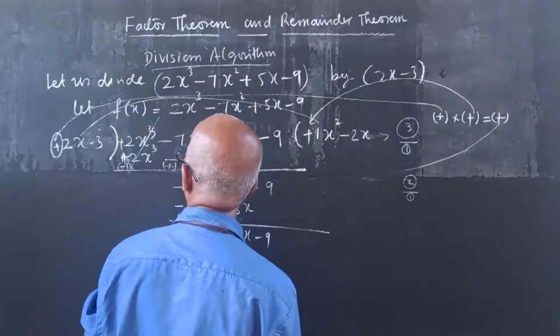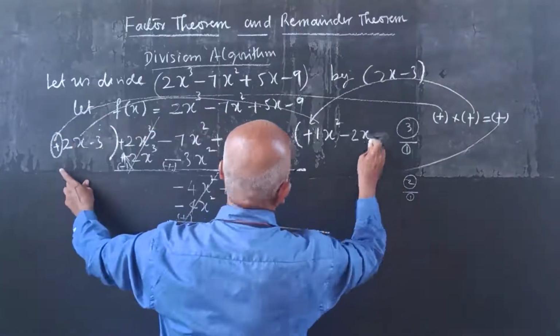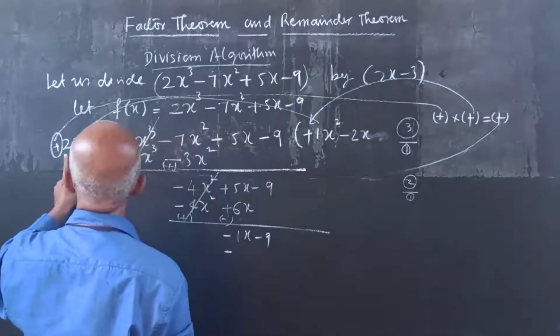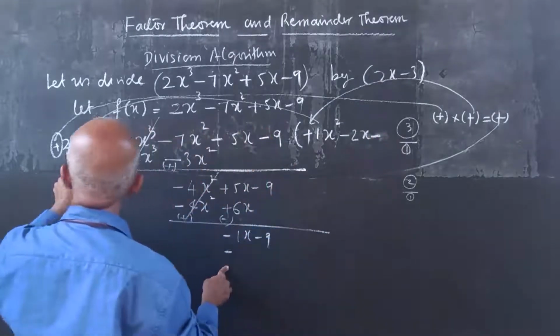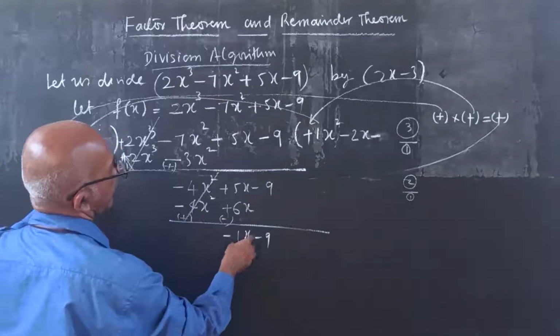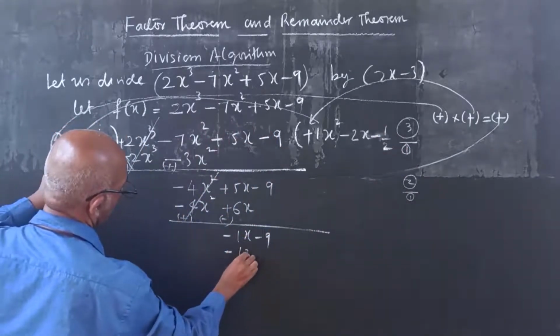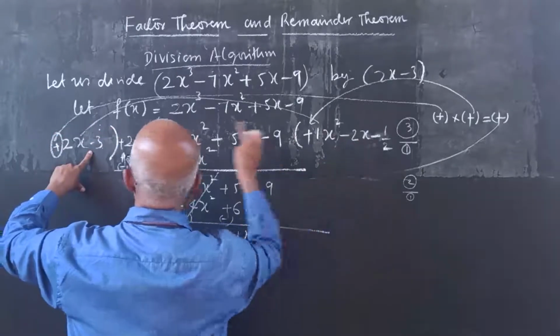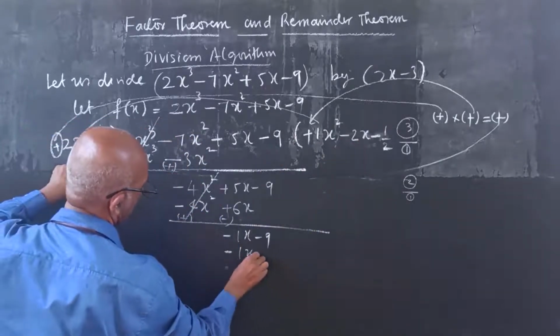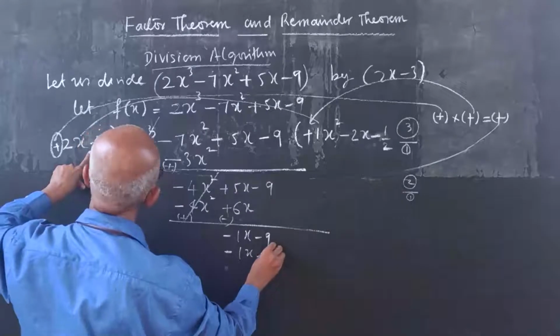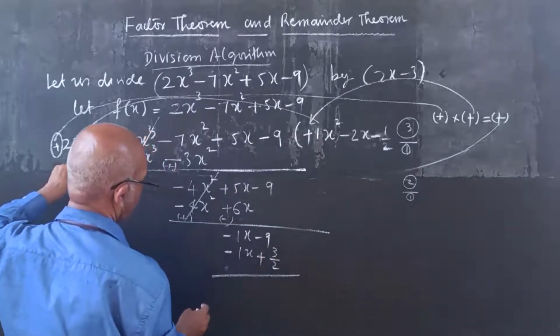Minus 1x minus 9. Now, here the minus sign is there. So plus into minus, minus. 2 is there, I want 1, so I should write here half. So I will get minus 1 next. Then minus into minus, plus 3 by 2.